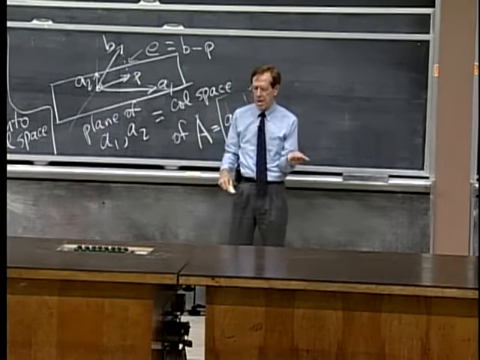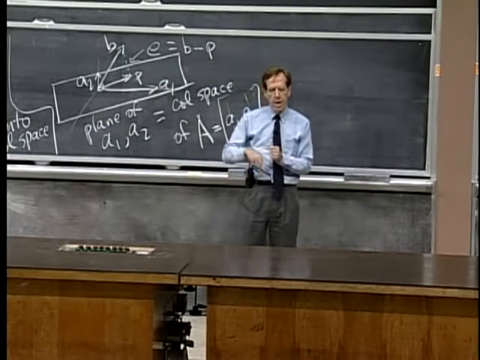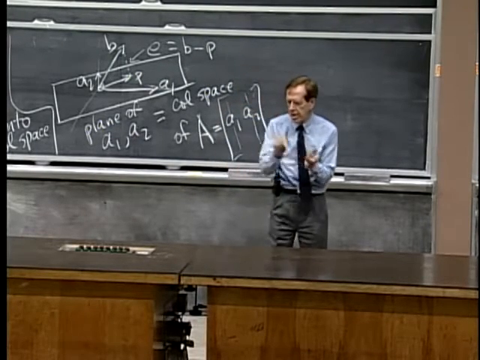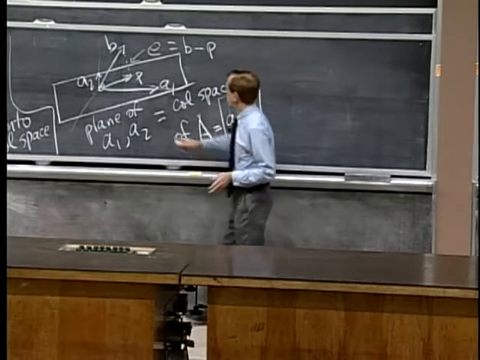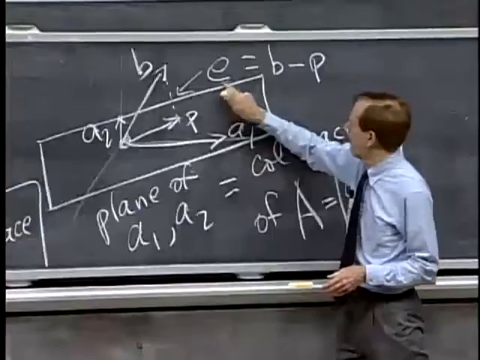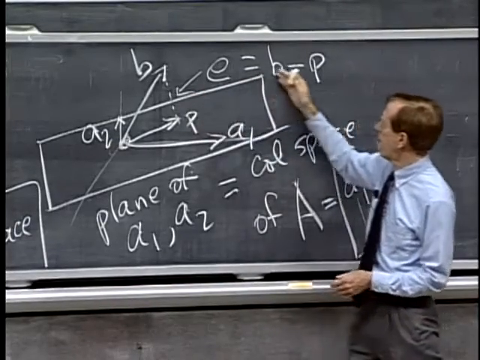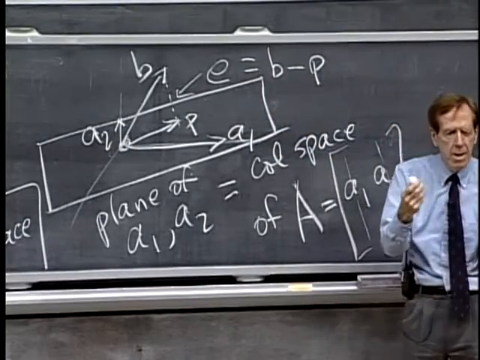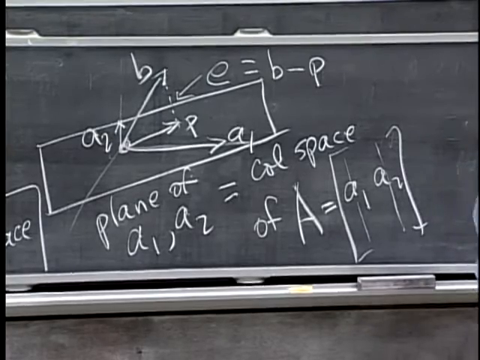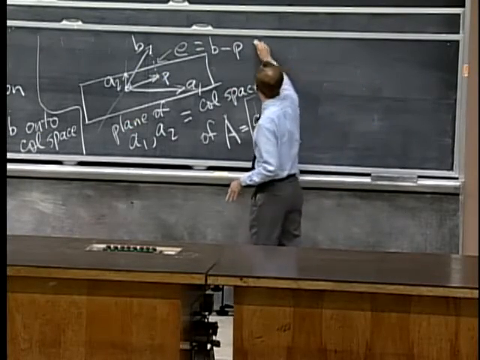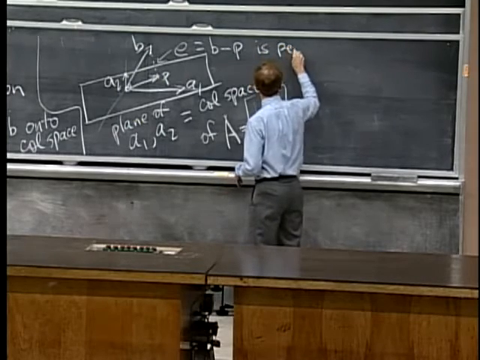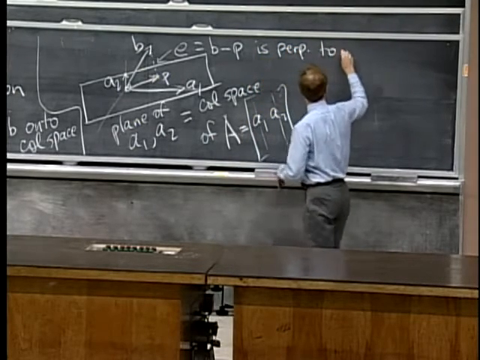But the beauty is that I know from geometry, or I could get it from calculus, or I could get it from linear algebra, that this vector, this is the part of B that's perpendicular to the plane. That E is perpendicular to the plane.